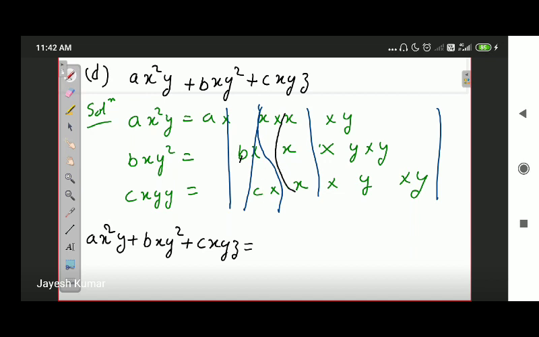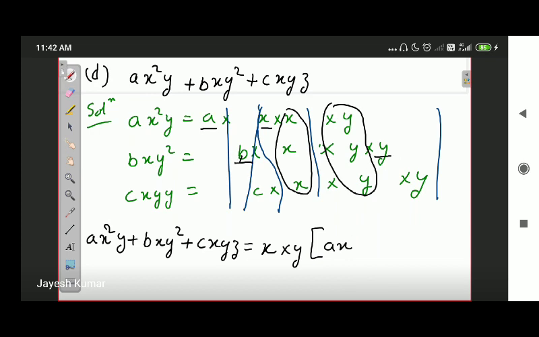One x is common, so I will take one x outside. One y is common, so I will take one y outside. The remaining terms: a x for the first term, b y for the second term, c y for the, there is also z, this is z not y.